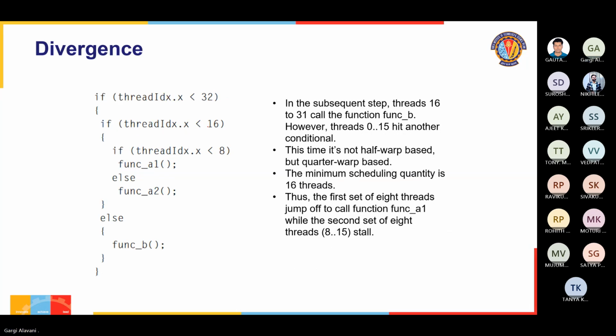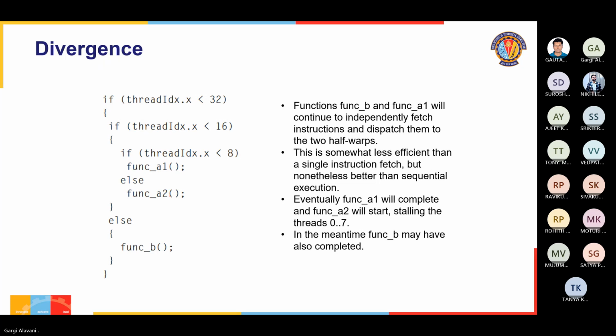But here, when you divide now, here is where the divergence will happen. The first set of threads will jump off to call function A, and the rest will wait and do function B. So function A and function B will continue to execute independently, and dispatch whatever instructions to these two halves.